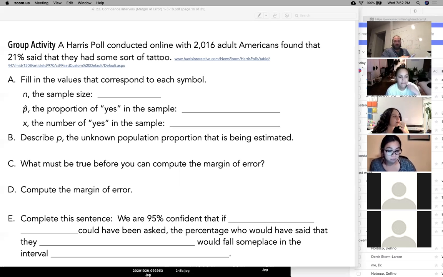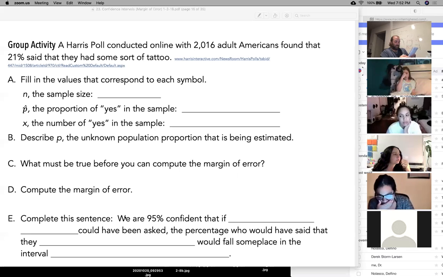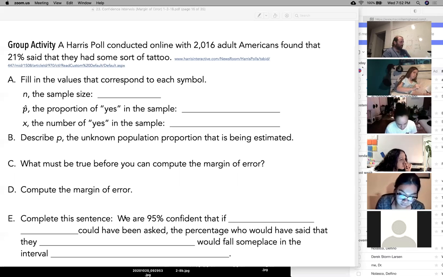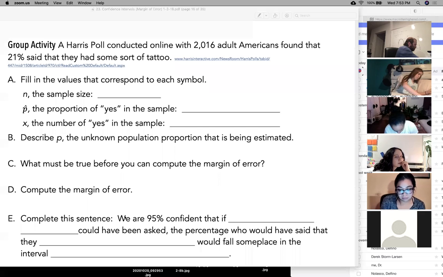What is the margin of error, by the way? Well, what must be true before we can compute it?